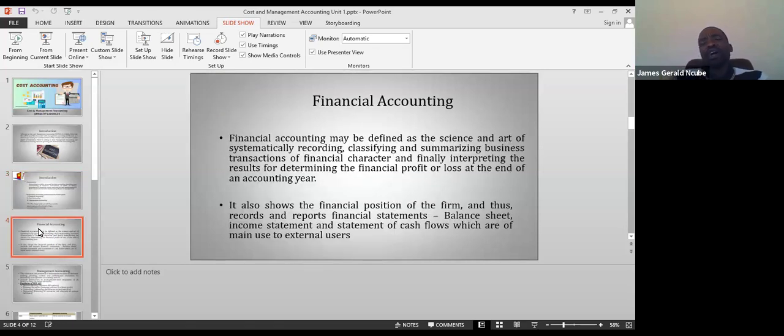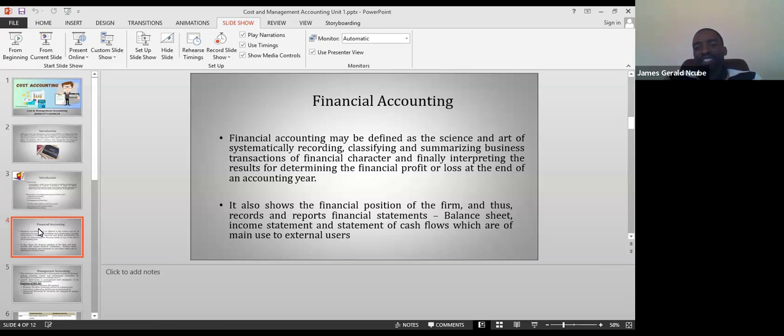Let me focus on financial accounting, because here we're talking about these two that we want to zero in on. Let's define it. Financial accounting may be defined as the science and art of systematically recording, classifying, and summarizing business transactions of financial character.